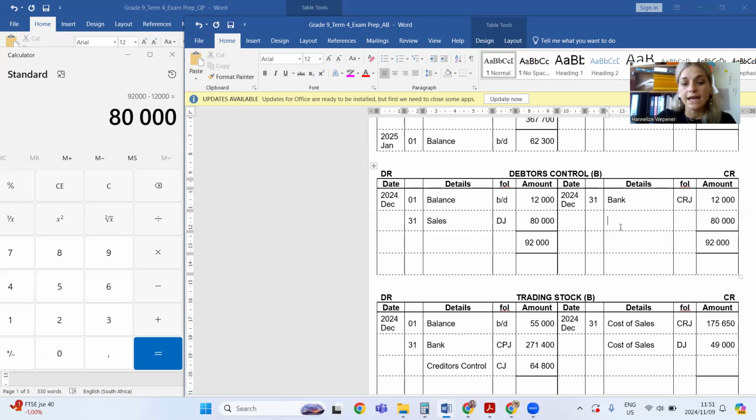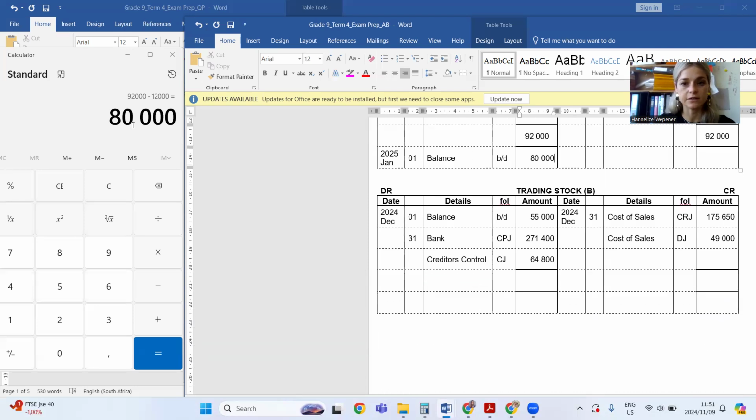So at the end of December, your debtors owe you a whopping 80,000 Rand. You would hope to get payment from your debtors in January, because that's a lot of money that they owe you.